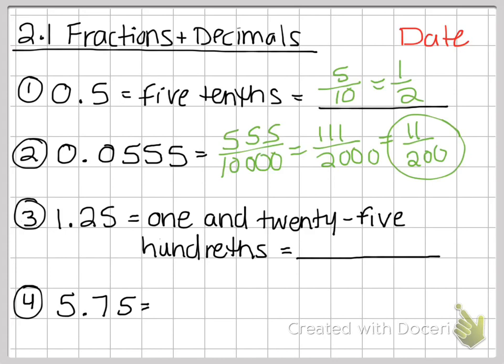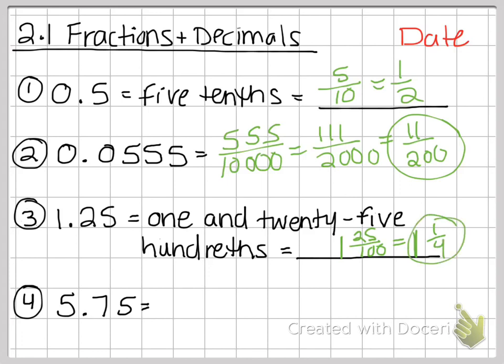Alright, number 3 is when we have a decimal that's greater than 1 whole, 1.25, or 1 and 25/100ths. So this one looks like a mixed number, 1 whole and 25/100ths. Again, making sure that I simplify it and put it in simplest form, 1 and 1/4.